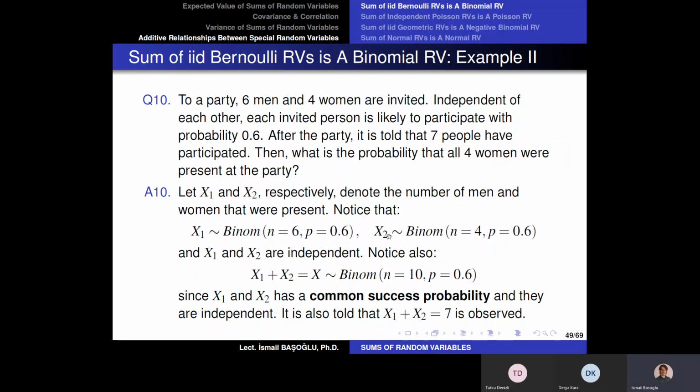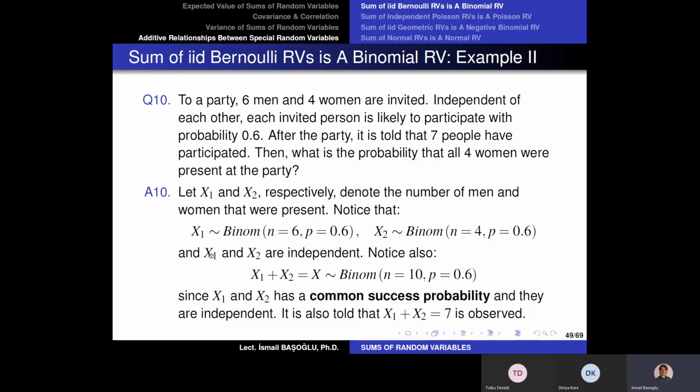And X2 is the number of women who are going to participate, which is going to be a binomial random variable with size parameter 4, because we have invited only 4 women, and the success probability for any woman to come to the party is 0.6. Again, both X1 and X2 are random variables with different size parameters but the same success probability.